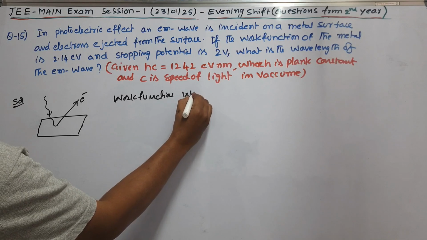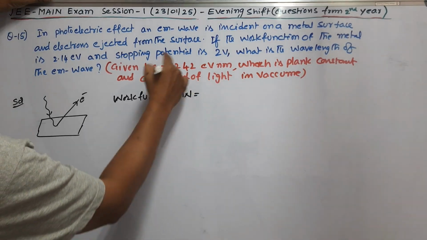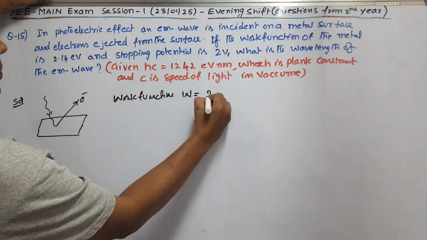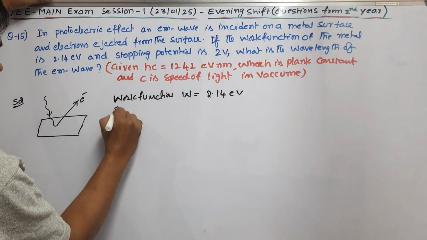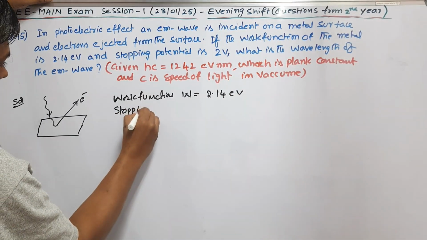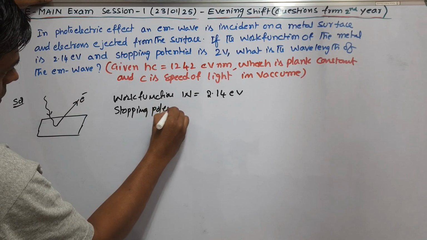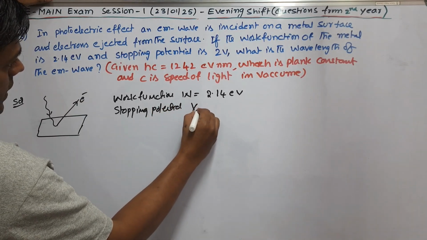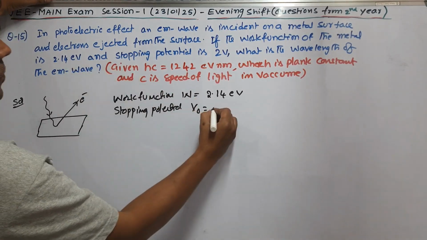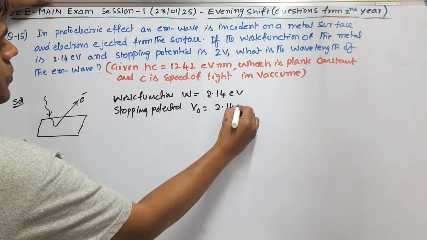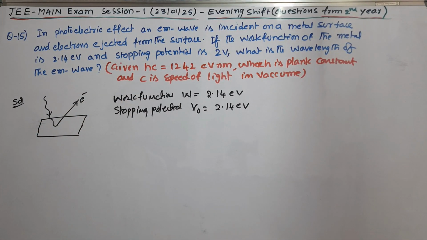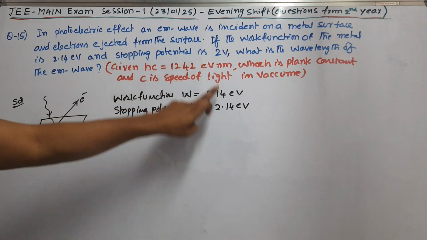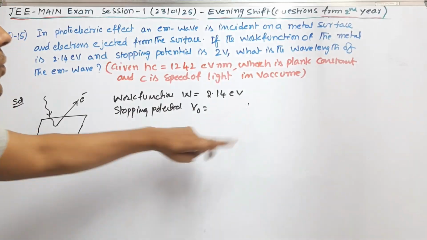W is equal to 2.14 electron volt, and stopping potential V naught is 2 volt here.